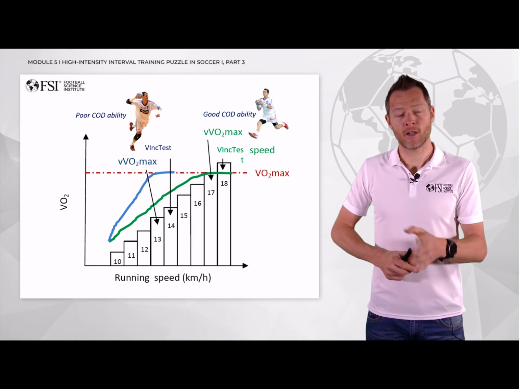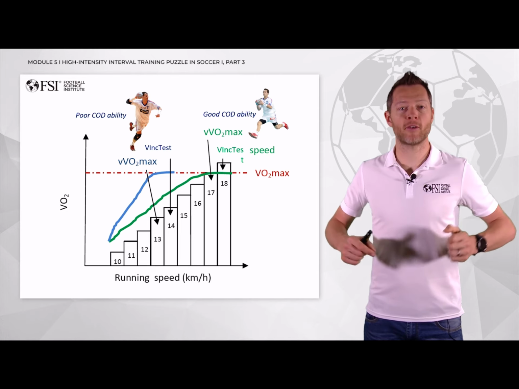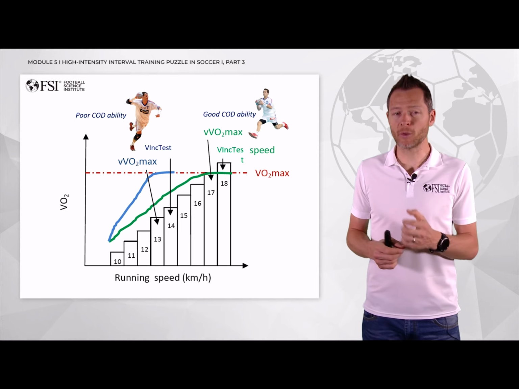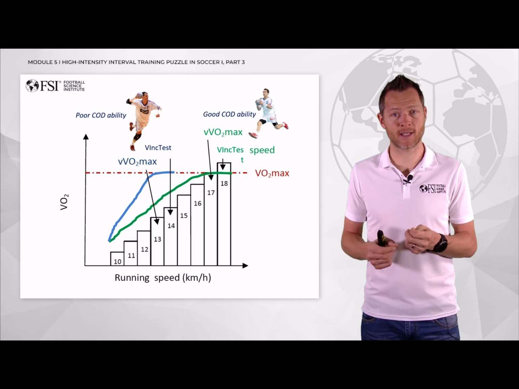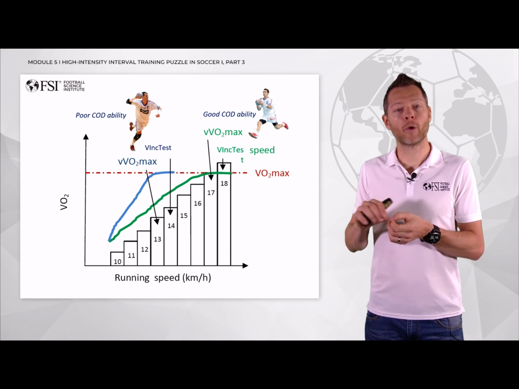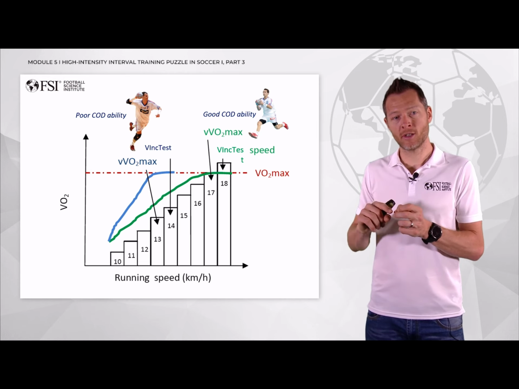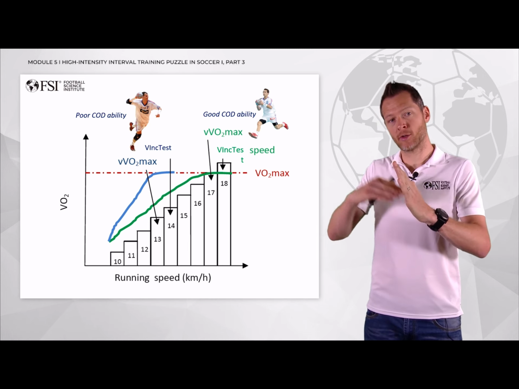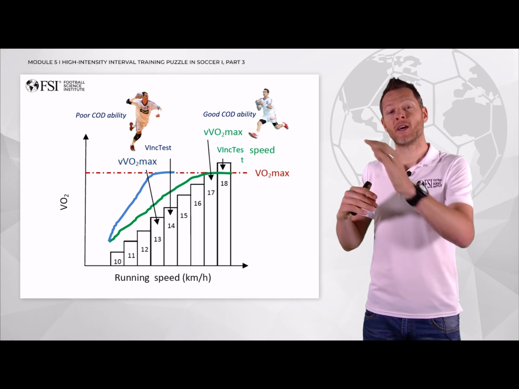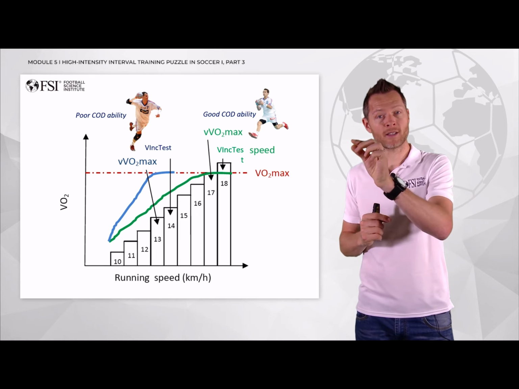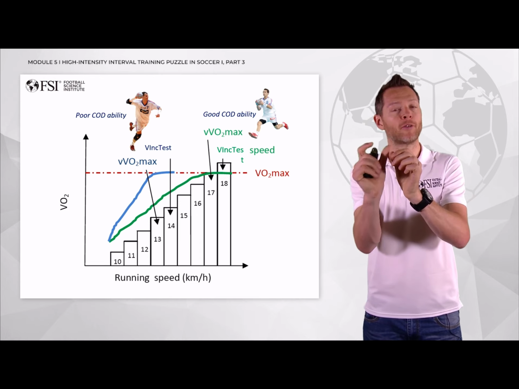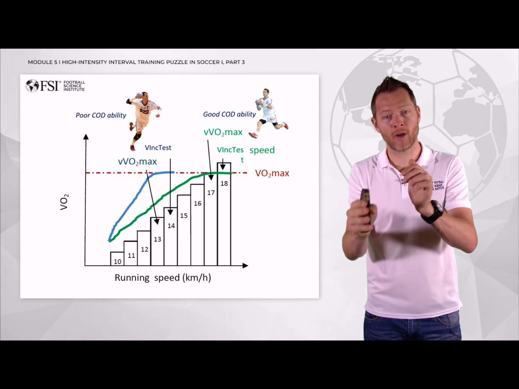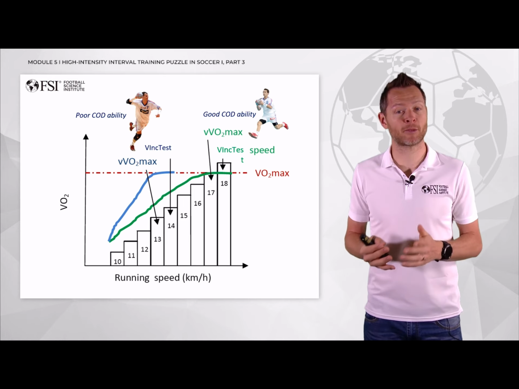You see the heavier handball player, who likely, because of his body mass, has a worse ability to change direction. So his VO2 will increase pretty quickly as the speed requirement increases. Once he reaches his VO2 max, he will be able to run a few more stages, but then he will stop, in this example, at 14 kilometers per hour.